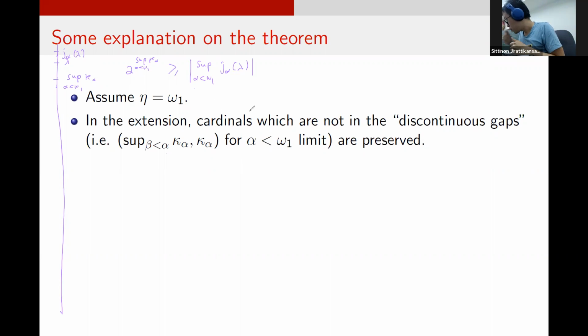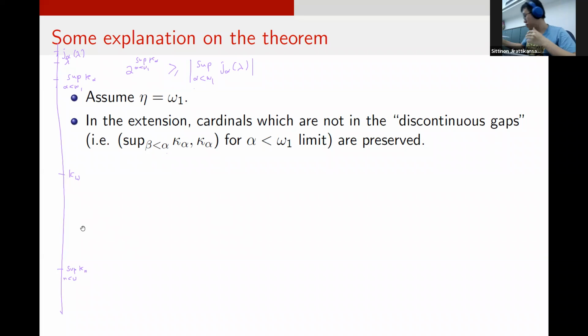For example, the first discontinuous gap that I'm going to consider is between the sup of kappa n, where n is less than omega, and the next one, which is kappa omega. I do not scale it correctly, but I leave the gap so that I can explain what's going on about the reflection. Kappa omega itself is a large cardinal, so it's much larger than the sup of kappa n.